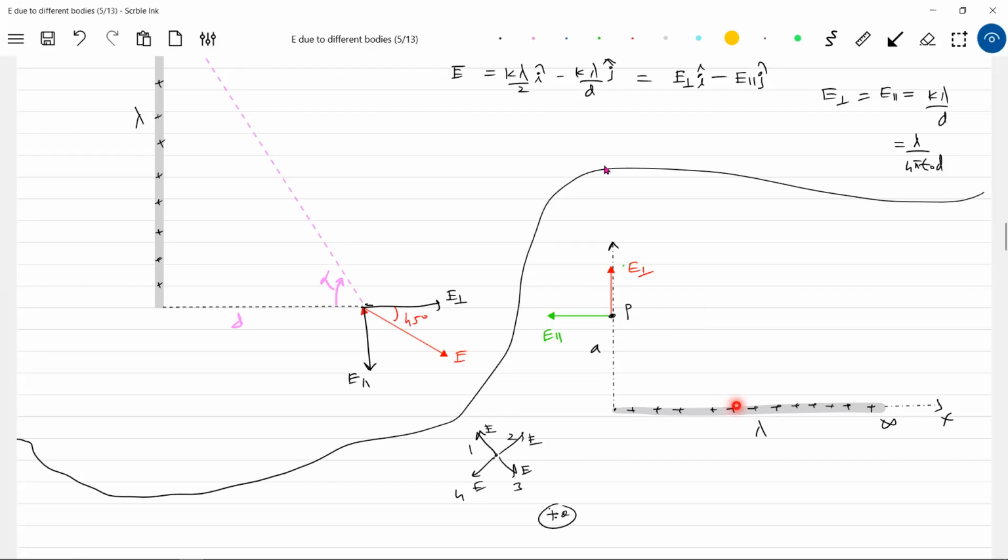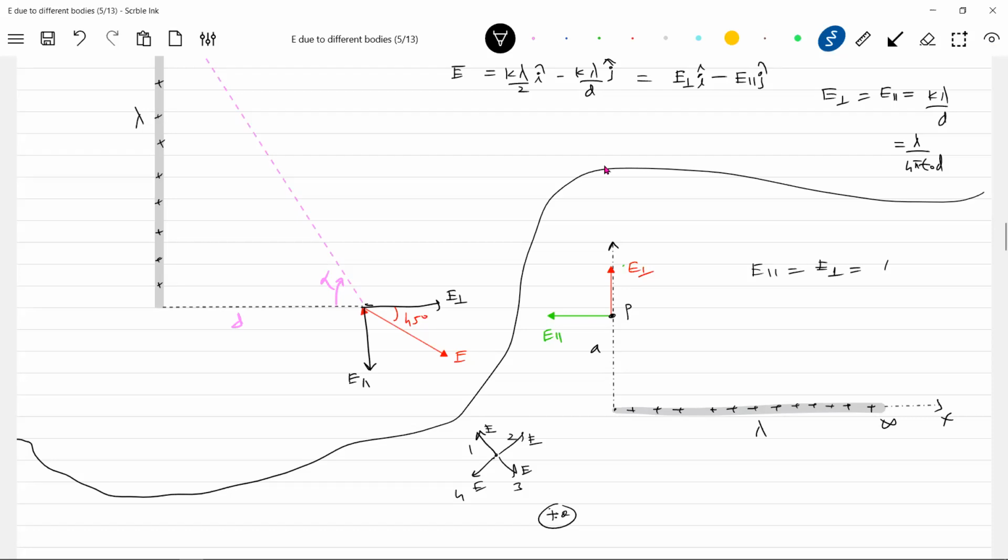Got the idea? You should assume a small elemental charge and get the approximate direction. Somewhere it will be like this. Then one component along the y-axis, the other will be along the negative x-axis. Parallel means you cannot put it in any arbitrary direction. Okay, again, what are E parallel?